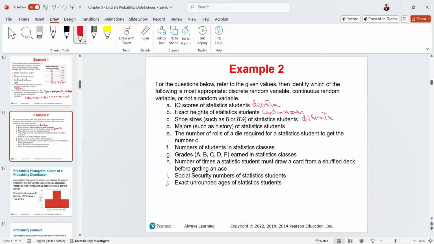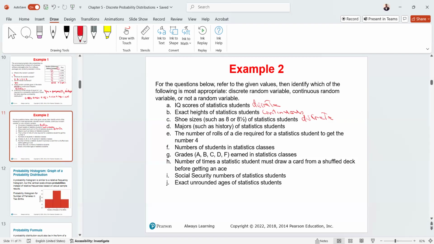Foot length can be 9.3 inches, or 8.2 inches, or 8.65 inches, so it all depends. Shoe size is different from foot length, okay? Let's go with D.